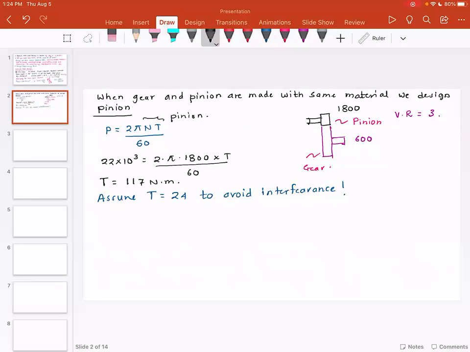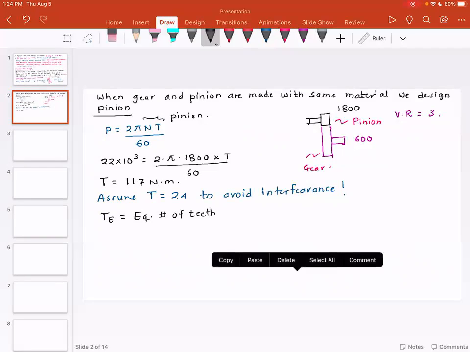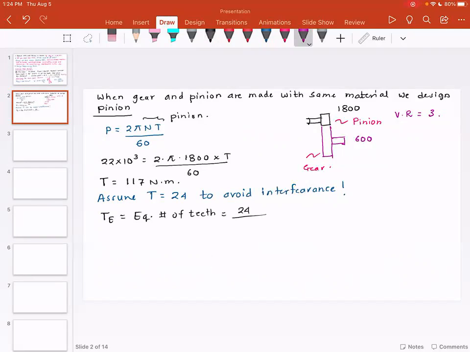Next step is to find out TE, which is the equivalent number of teeth, and that is 24 divided by cosine cube 30.